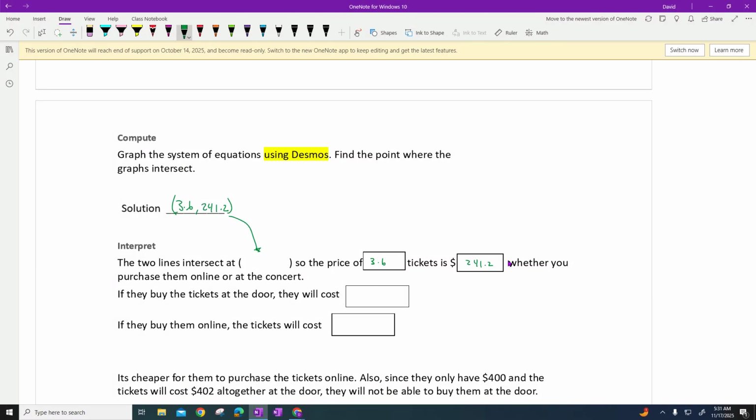If they buy the tickets at the door, I want to use the equation y equals 62x plus 18. Let's put a 62 times 6 in there. This is an 18. Let's do that math quick. We're buying 6 tickets plus 18.